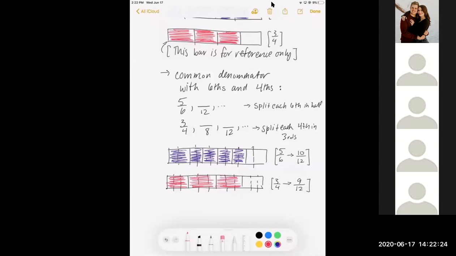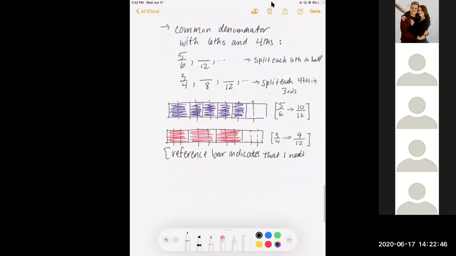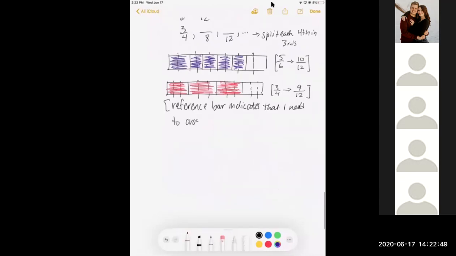Okay, so my reference bar indicates that I need to cross out 9 of those 12ths. Let's go ahead and cross those out.